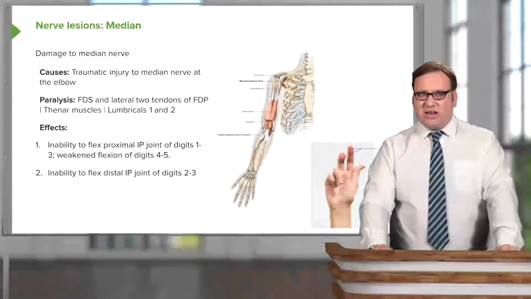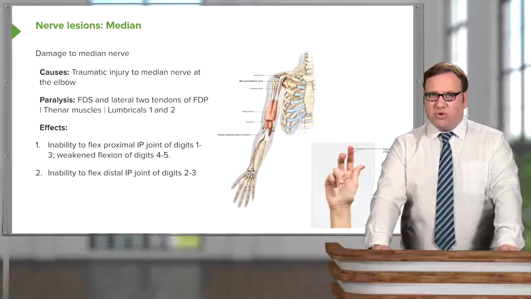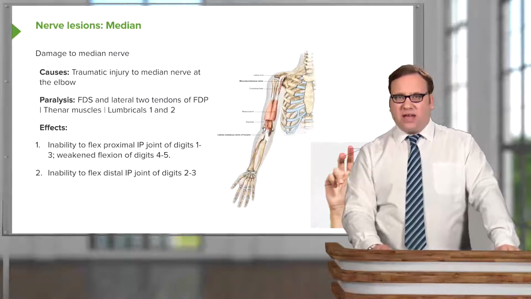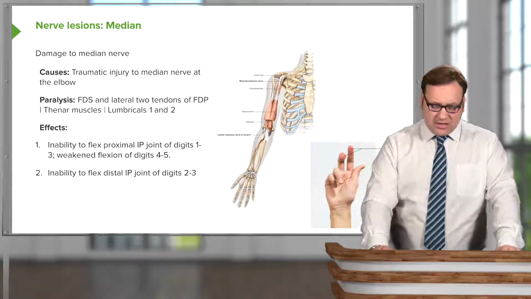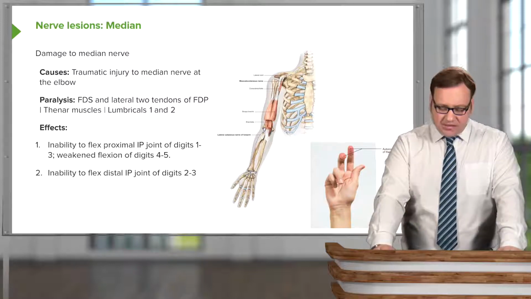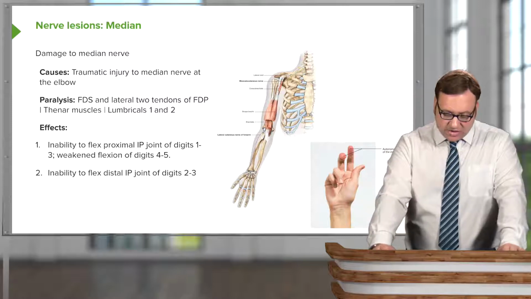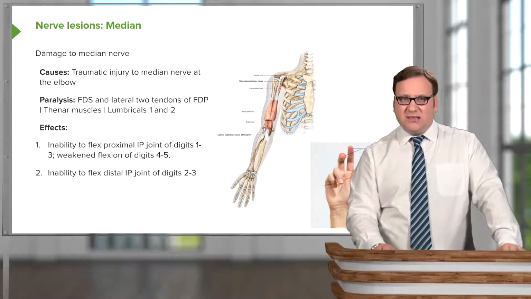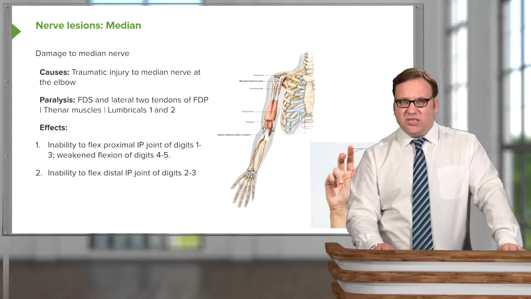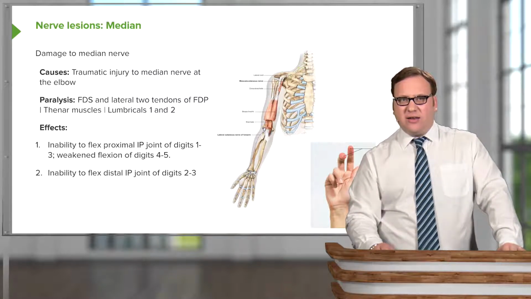You'll also have paralysis of the thenar muscles working on the thumb and lumbricals 1 and 2, those laterally positioned lumbricals. The effect of damage to the median nerve is going to be an inability to flex the proximal interphalangeal joints of digits 1 to 3 and weakened flexion of digits 4 and 5.